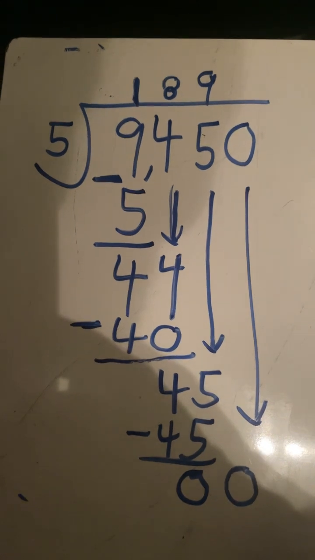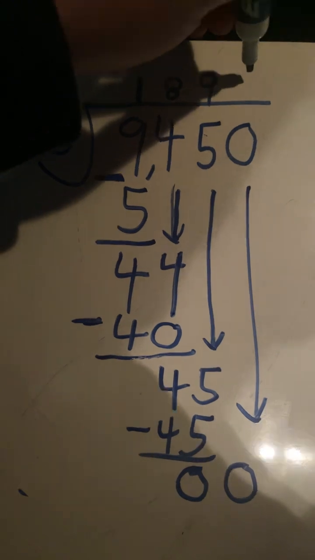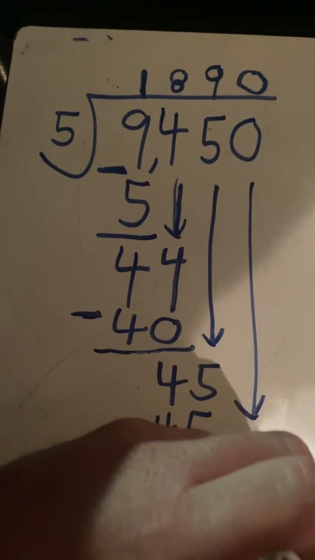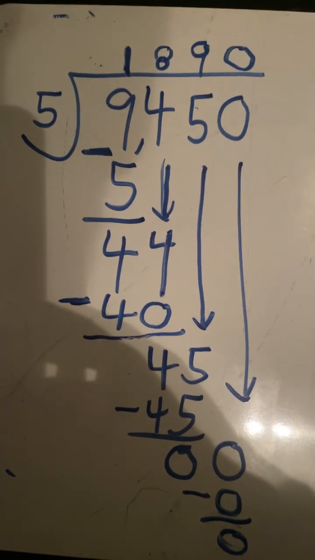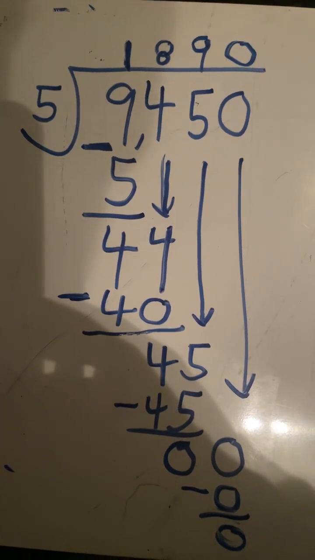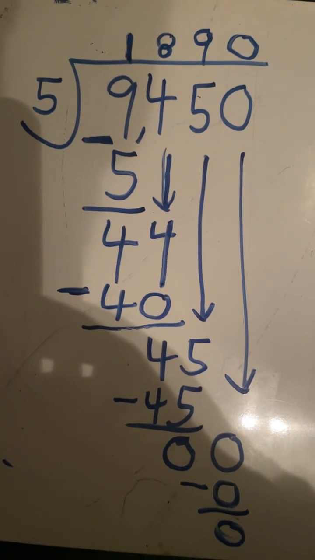Now 5 goes into 0 0 times. You're able to get 0 groups of 5 into 0. 0 take away 0 equals 0. There is no remainder. And we have our final answer. 9,450 divided by 5 equals 1,890.